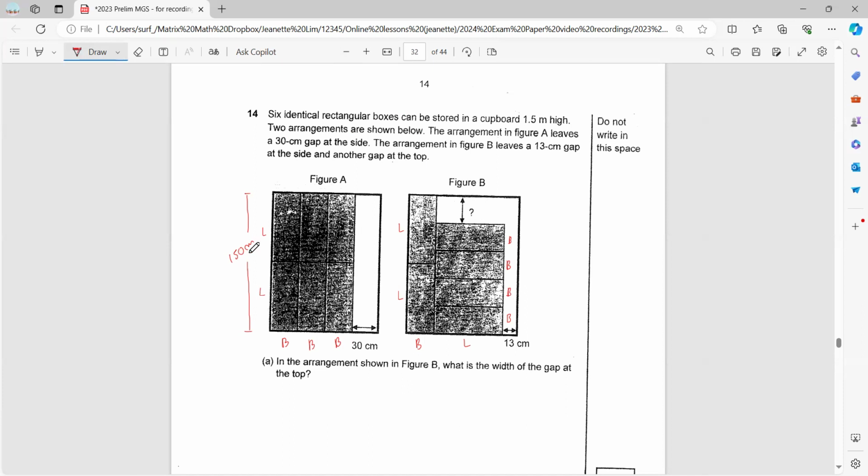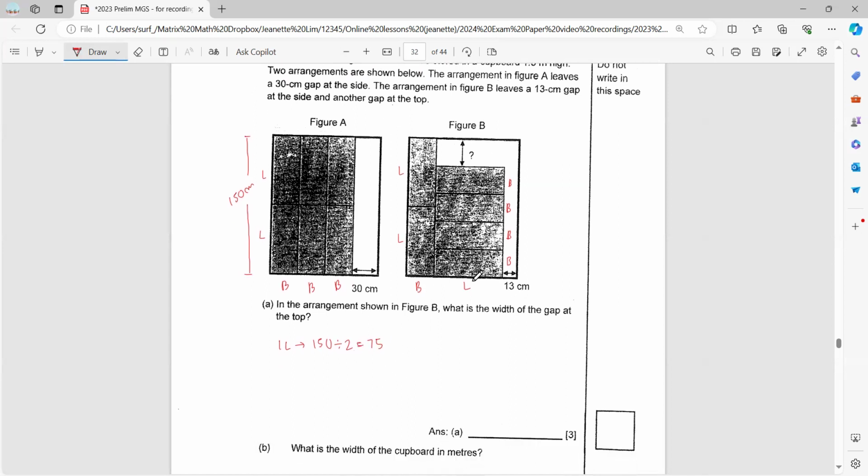So 2L is 150, 1L is 150 divided by 2, which is 75 cm. So this over here is 75.